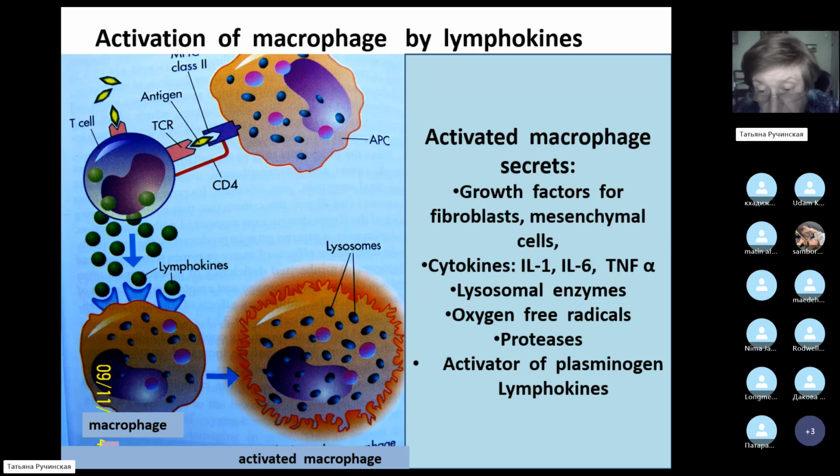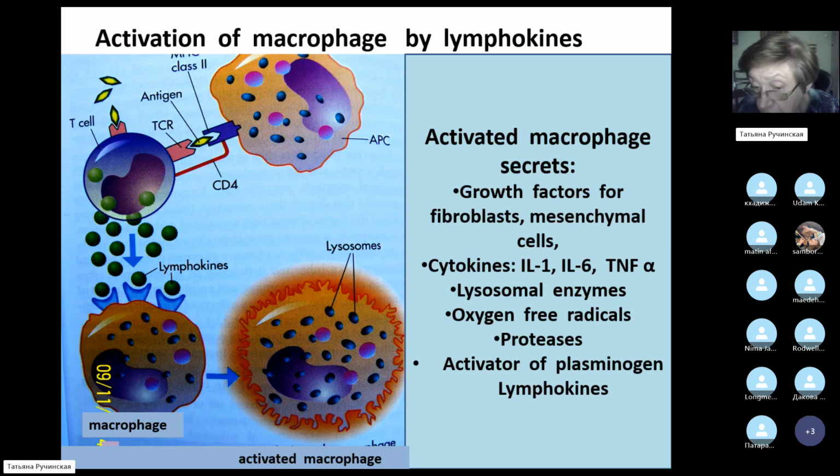It can secrete free radicals because it has NADPH oxidase, but the number of free radicals formed by macrophage is not numerous.